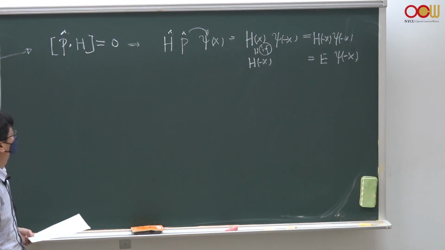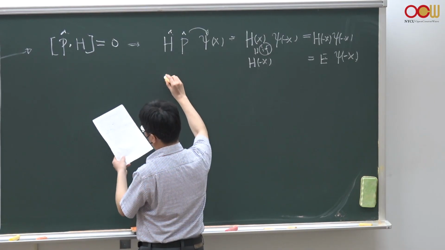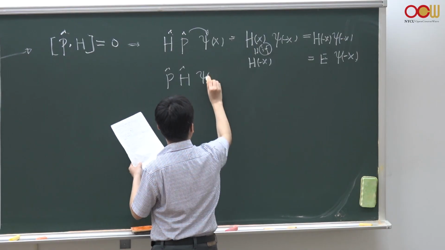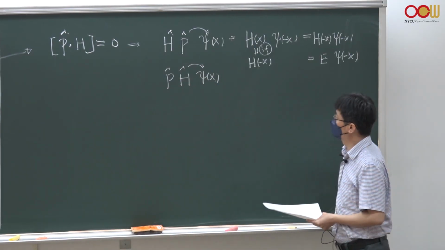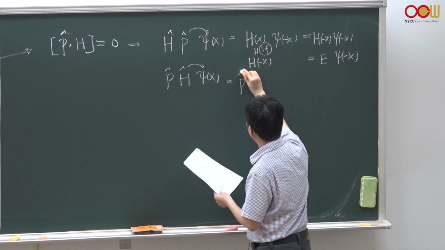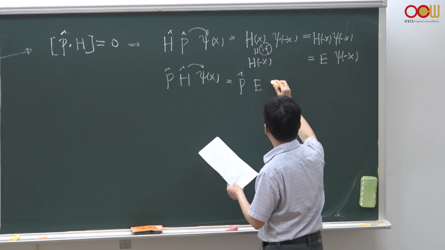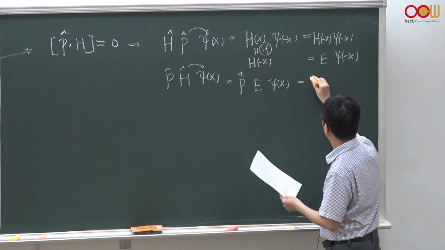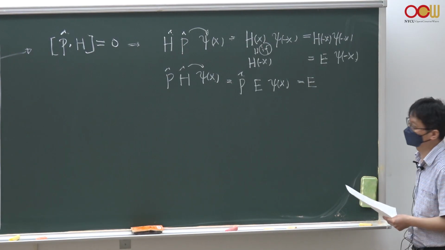All right? Good. So let's just look at the other order. So if I apply this Hamiltonian operator first before the parity operation, then I should get this parity acting on what? This is eigenenergy times eigenfunction, which is capital E, which is just a constant, right?